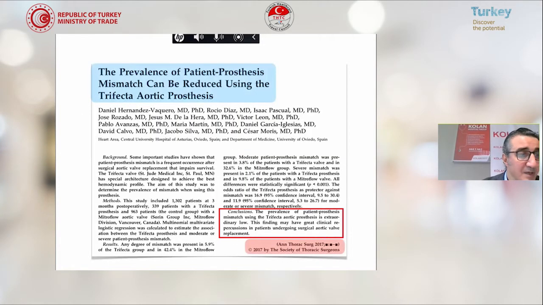In this paper published last year in the Annals of Thoracic Surgery, they compared 300 patients with the Trifecta prosthesis and 900 patients with other types of prosthesis. They found that patient prosthesis mismatch prevalence is extraordinarily low in patients with the Trifecta prosthesis.